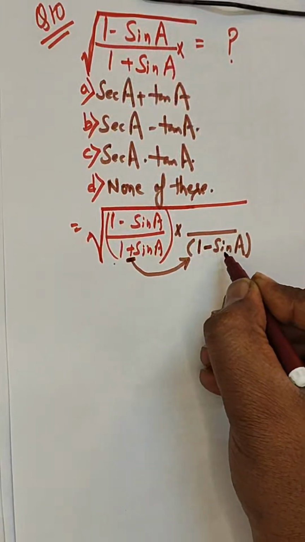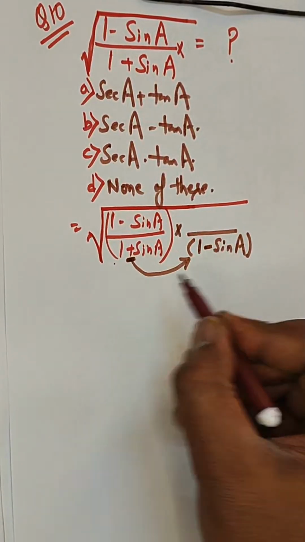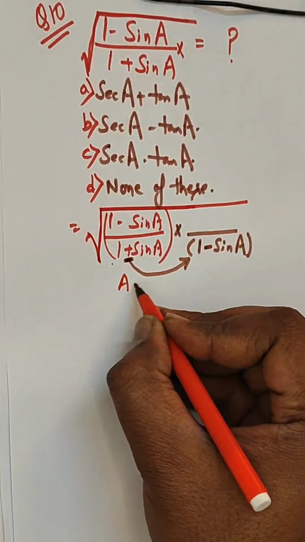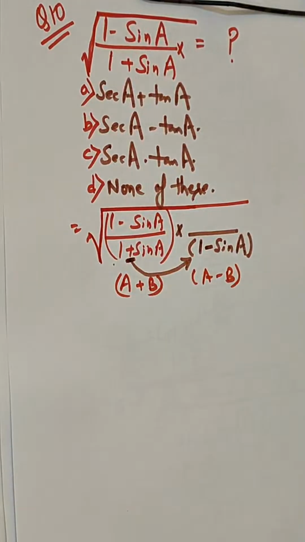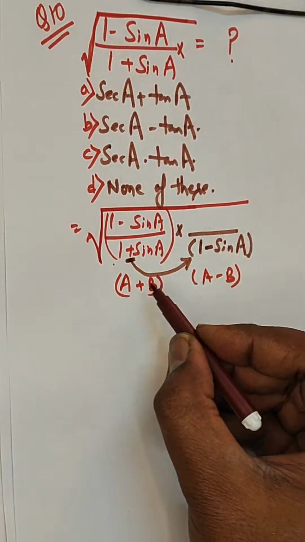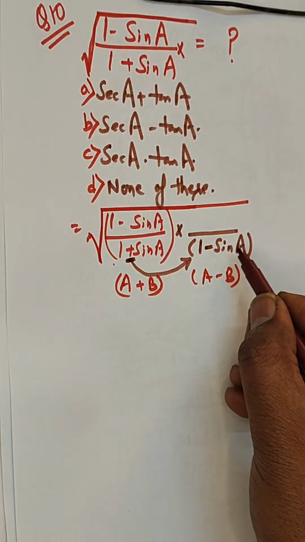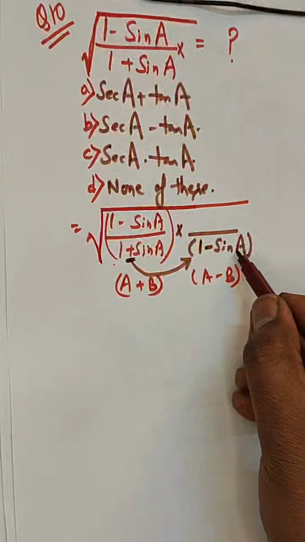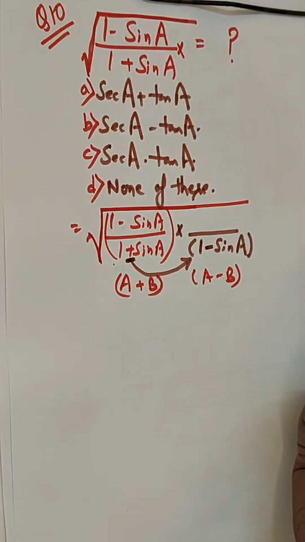Why are we taking the conjugate? Because 1 plus sine a and 1 minus sine a are in the form of a plus b and a minus b, which will give you a square minus b square. So 1 plus sine a multiplied by 1 minus sine a gives 1 square minus sine square a, which is cos square a.